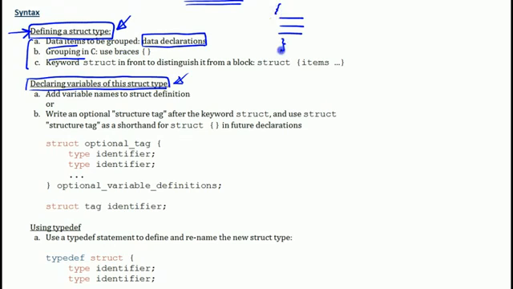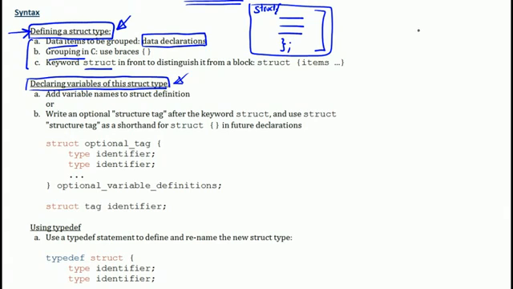So you're just going to put braces around it. Then what you're going to write is the struct keyword right in front of that grouping of variables. And this essentially will define your struct type.